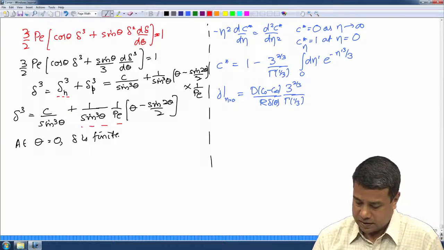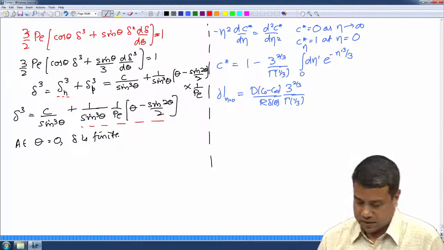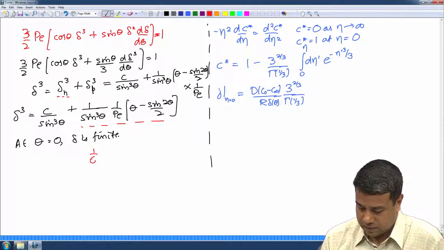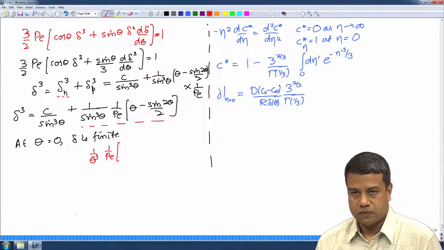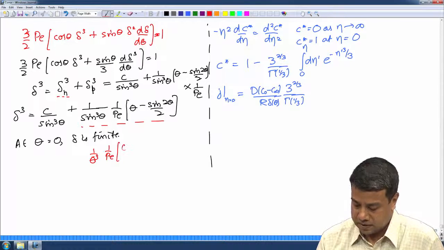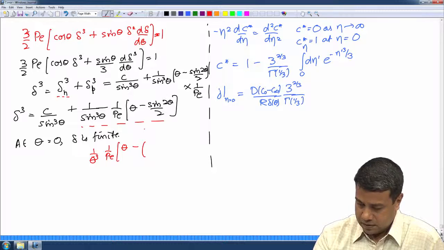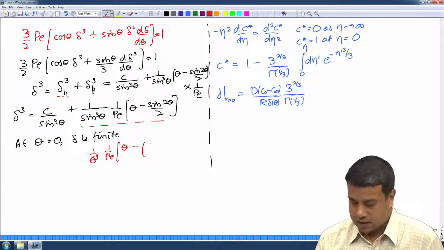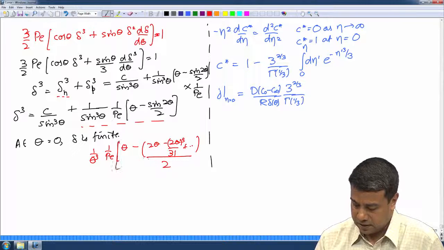If you look at the second term here, it is 1 over sin cubed theta. As theta goes to 0, this goes as 1 over theta cubed, times 1 over Peclet number, theta minus sin 2 theta by 2. If I expand it out, this is theta minus, sin 2 theta is going to be equal to 2 theta minus 2 theta the whole cubed by 3 factorial plus etc., and that whole thing divided by 2.